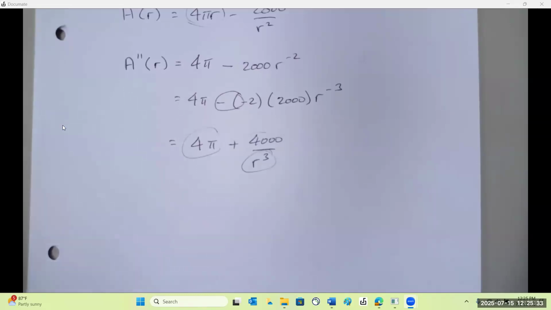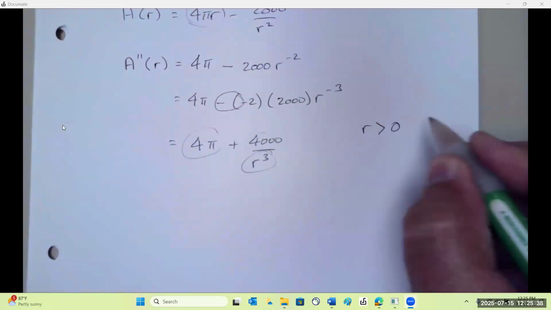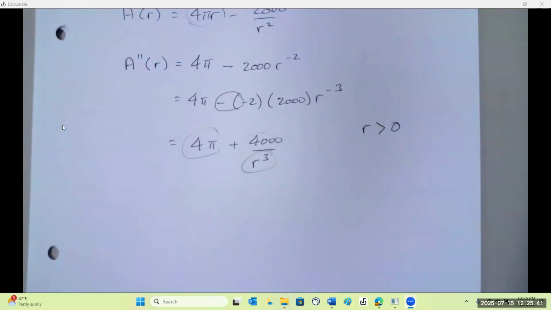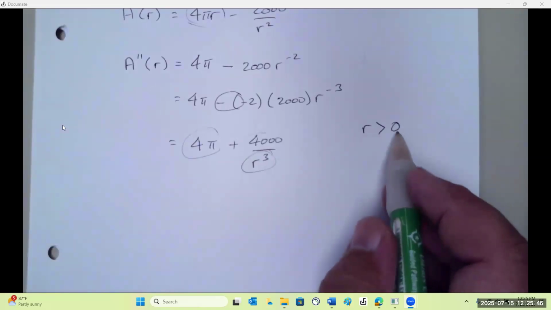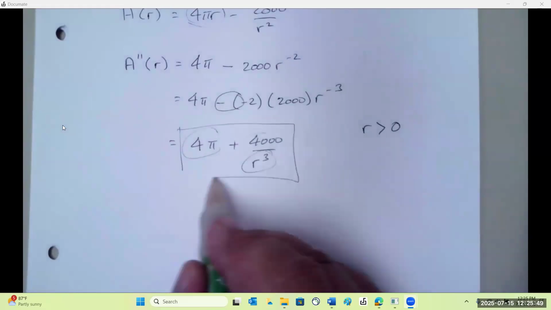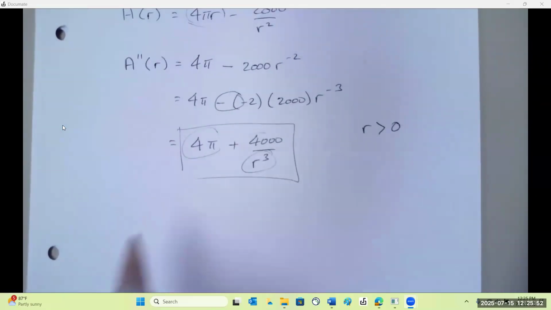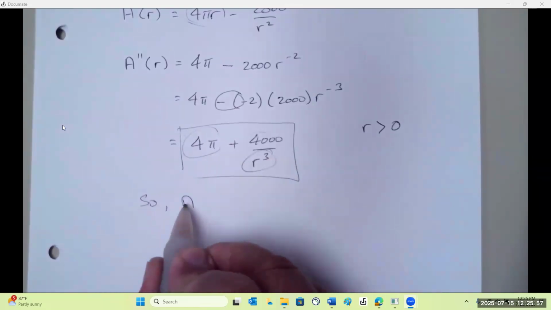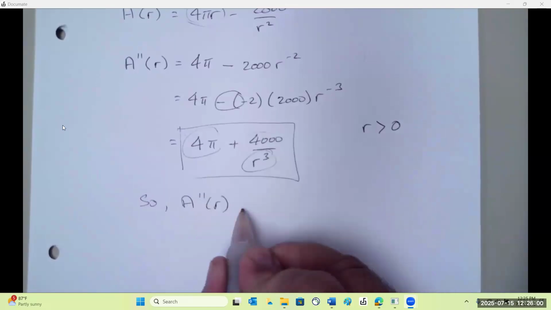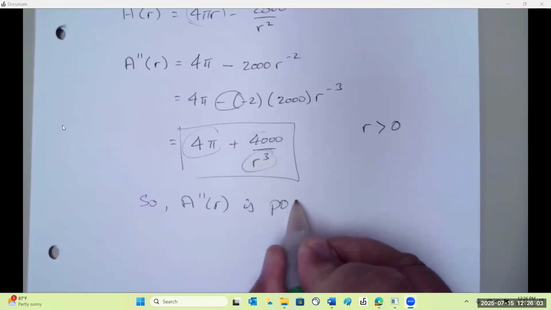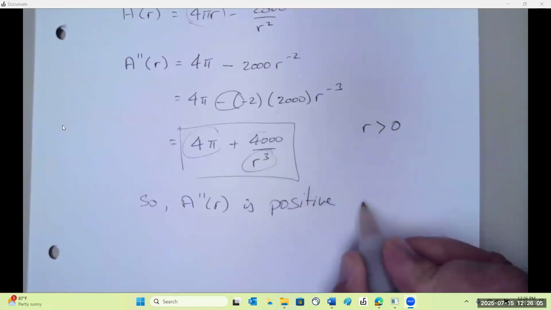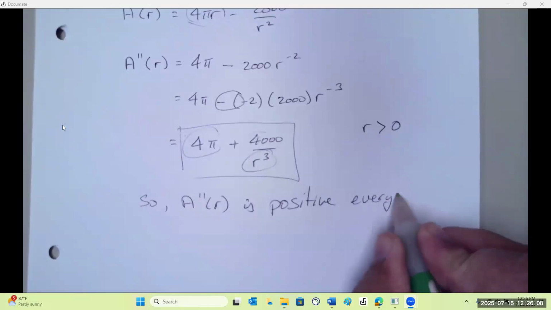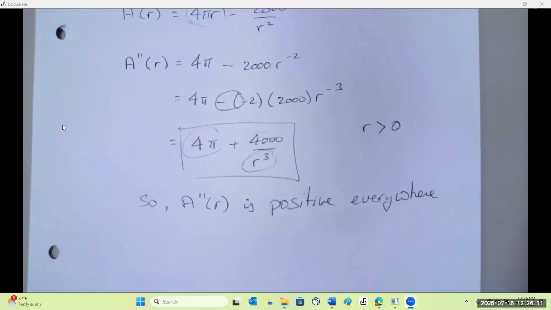Not really, because it wouldn't exist if it was zero. So R has to be greater than zero. Because R is greater than zero, this function is everywhere positive. This is positive. This is positive. So A double prime of R is positive everywhere.